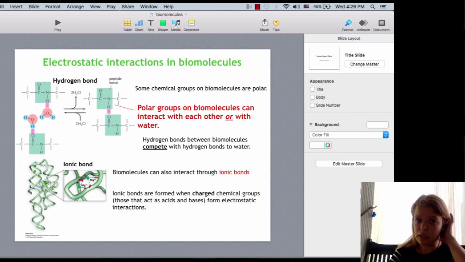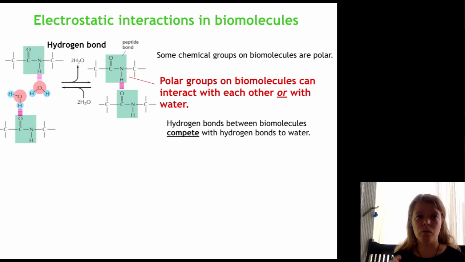So let's summarize here. The chemical bonds that are important in biology are the covalent bonds and the ionic bond. Those are real bonds. Now, a hydrogen bond, even though it has the word bond in it, is more of an electrostatic interaction.